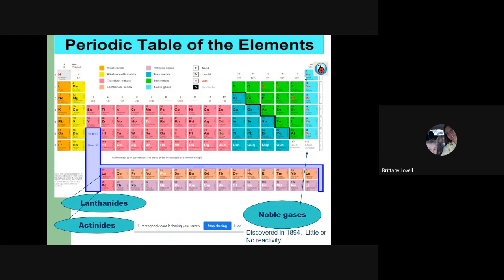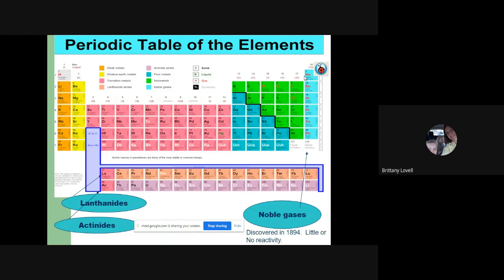The horizontal rows in the chart are called periods or energy levels.